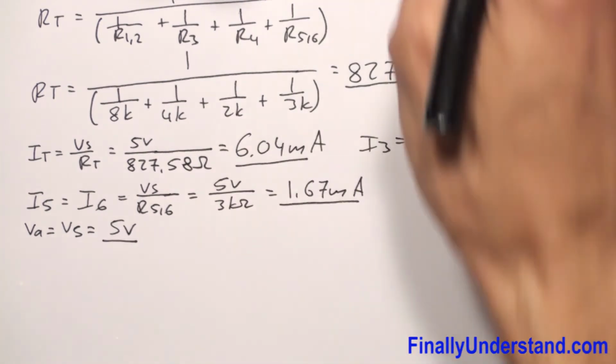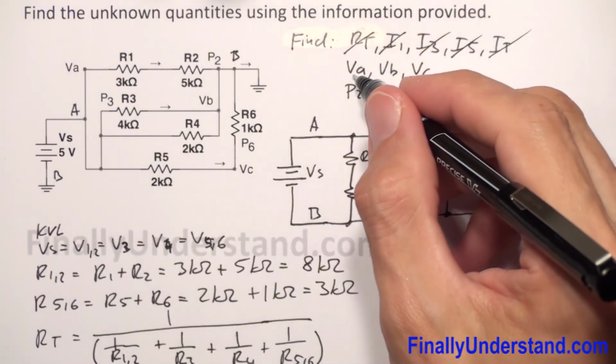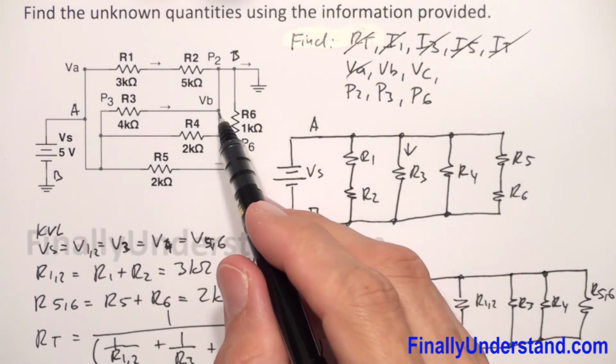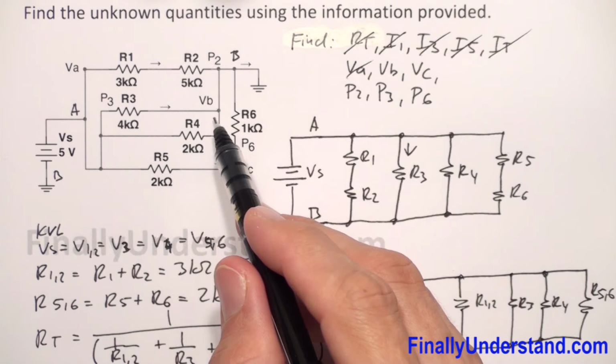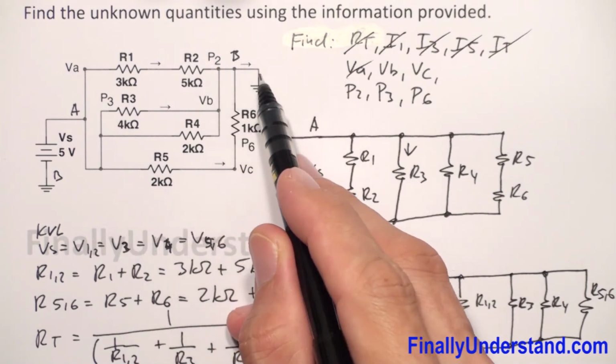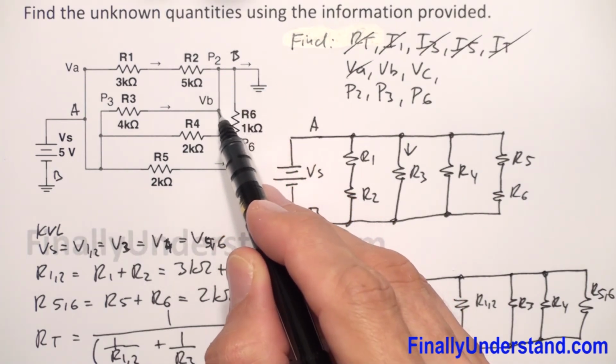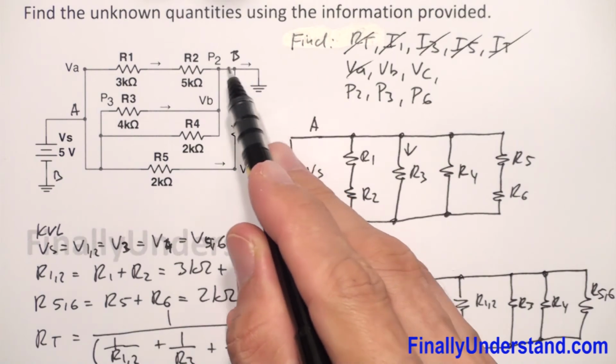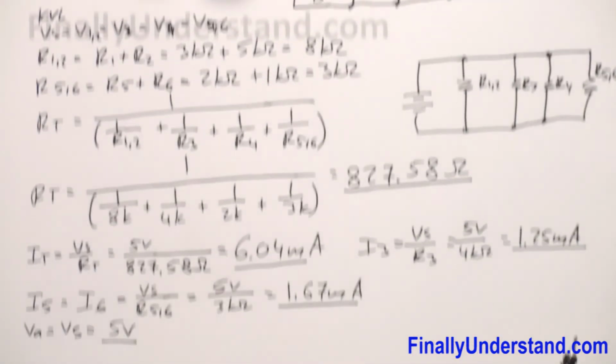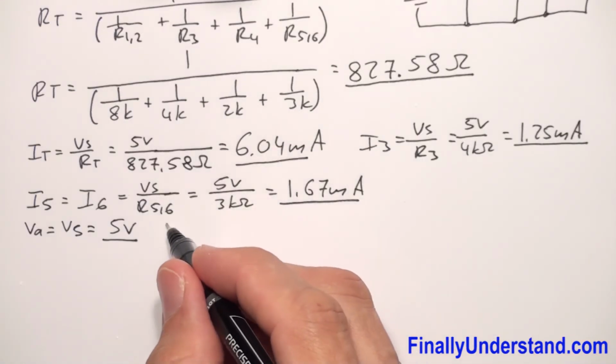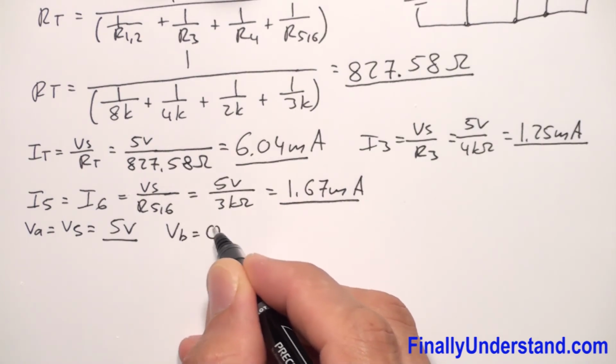If you want to find VB, VB is connected directly to ground. So the voltage at this point is going to be 0. VB is equal to 0 volts.